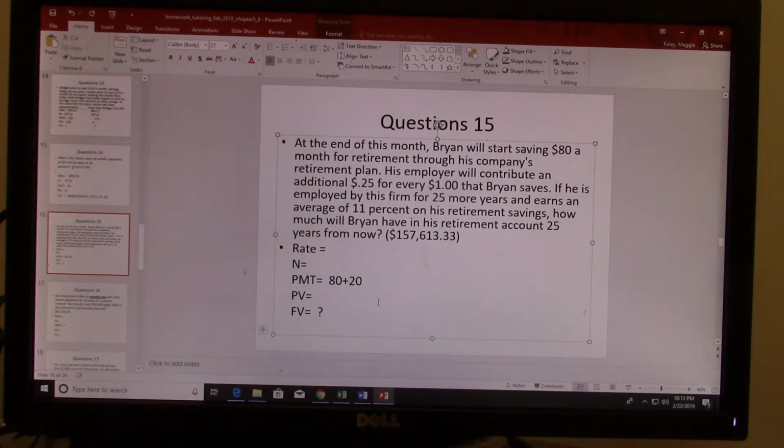He's making monthly saving, so the rate should be 11% divided by 12 because it's on a monthly basis, and N should be 25 years multiplied by 12. PV doesn't say anything. Let's just assume there's nothing in his account. How much is the future value? 25 years from now, that's the future value. So this is the input.